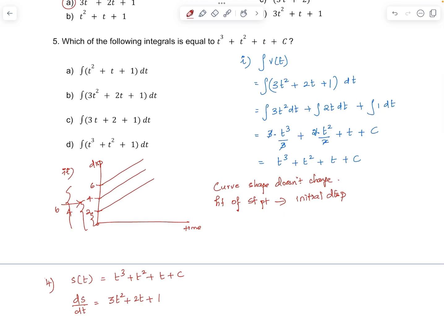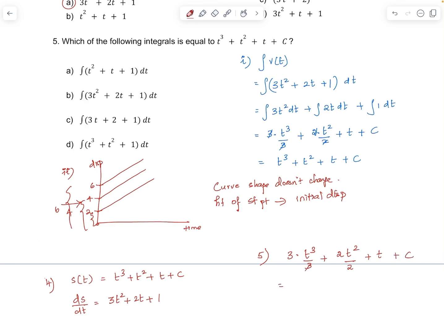Question 5. Which of the following integrals is equal to t cube plus t square plus t plus c? Looking at the options, option B might be suitable for this, because when we integrate option B, we get 3t cube by 3 plus 2t square by 2 plus t plus c.